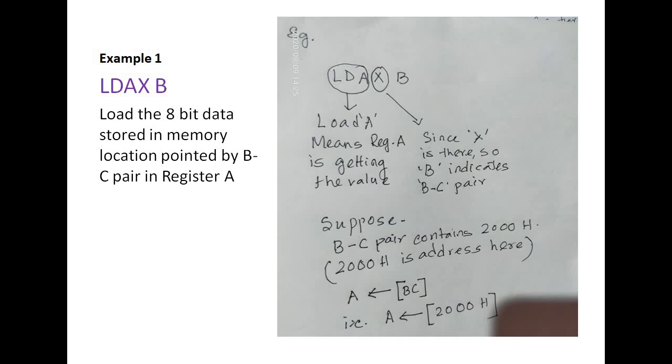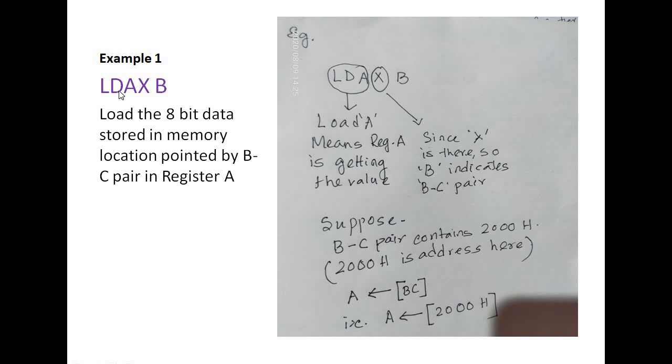Now it will be more clear with this example. See here what I have written, LDAX B. First of all, what do you notice in the instruction? X. So X means B is indicating what? B is indicating register pair BC. Understood up to here? Now LDA. What does LDA mean?